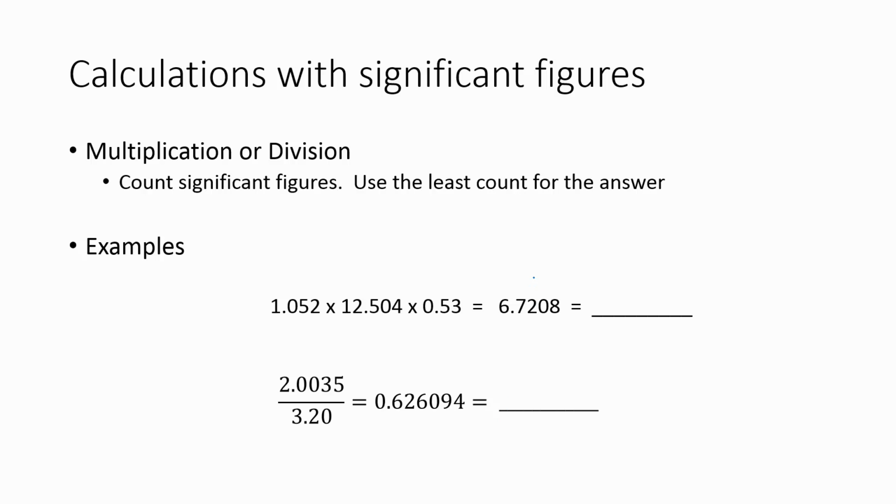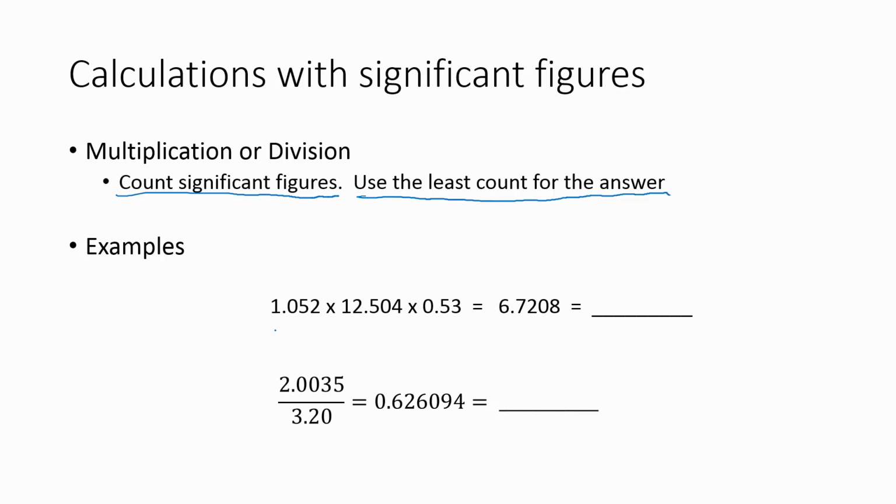Alright, so here's why we had to figure out all that goofiness about how many significant figures something has. When we count significant figures, it allows us to look at where we should round our answer for multiplication and division. All we do is we count the number of significant figures in each number that we are multiplying together, and then we use whatever the least number of significant digits in the start of a problem is, and round our answer to that many significant digits for the final answer.